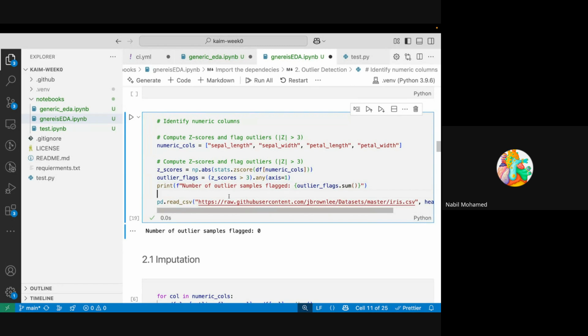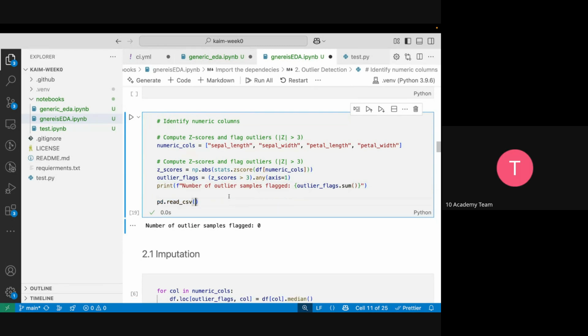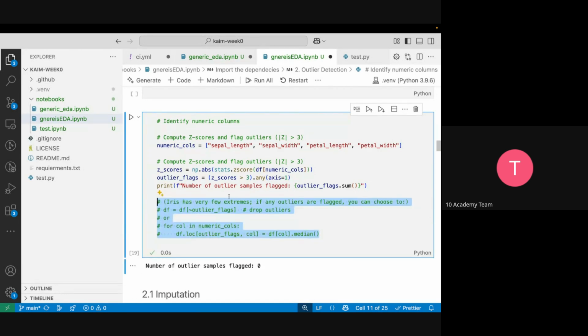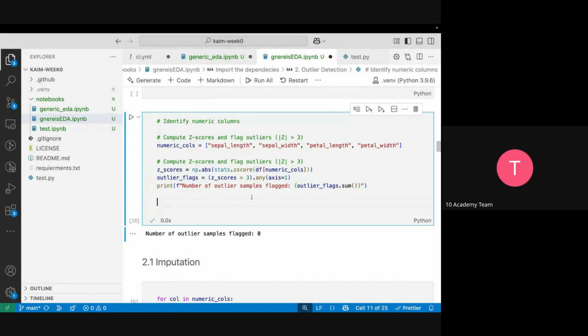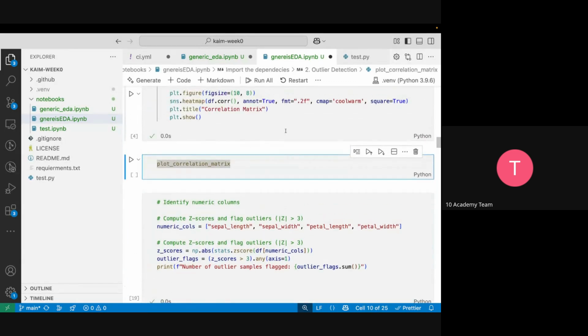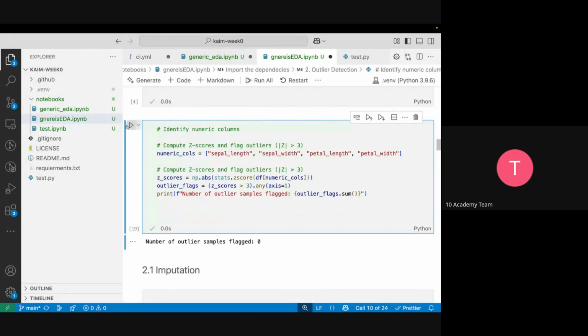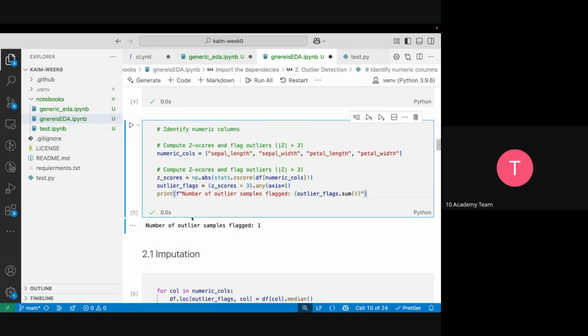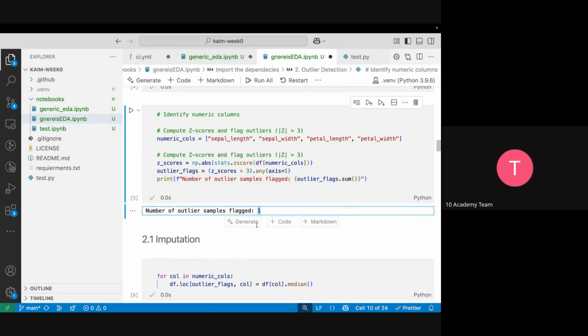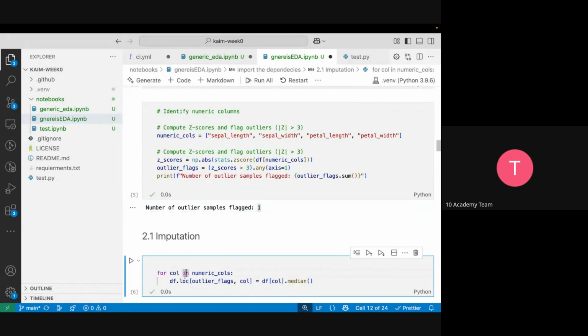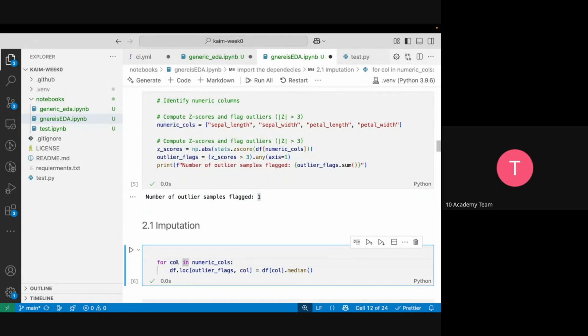Thank you. Okay, so let's go back to the session. Let me remove this one. Here I'm going to see if there are any outliers, and we have found one outlier. One of the methods to handle these outliers is to impute them.